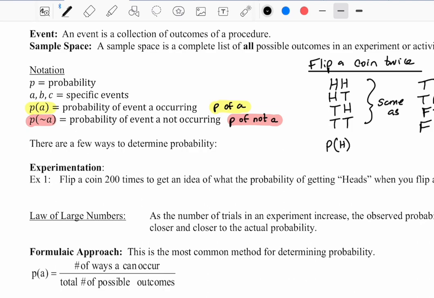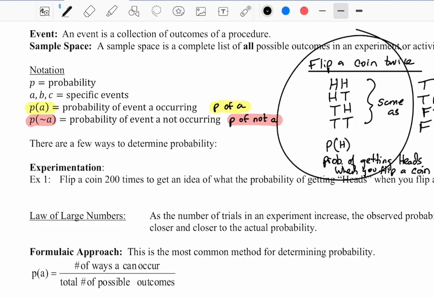So you would look at whatever the scenario is and draw that conclusion. Now, H could mean anything, but in this context where you're flipping a coin, H means getting heads. It could be really anything that starts with the letter H.